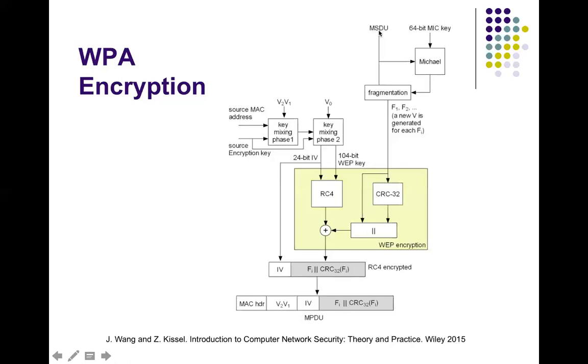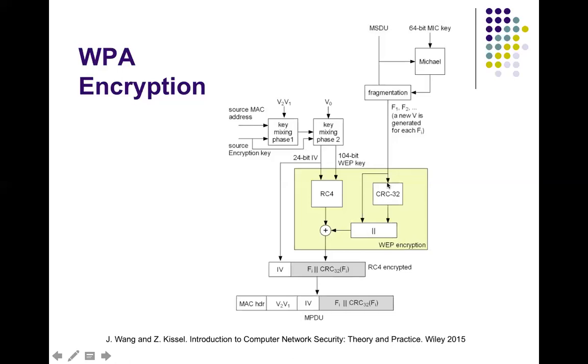So this is a frame, but because you're adding something in here, you may need further fragmentation. Nevertheless, it comes out, so this is one frame for this WEP encryption. That already includes a Michael integrity check value.